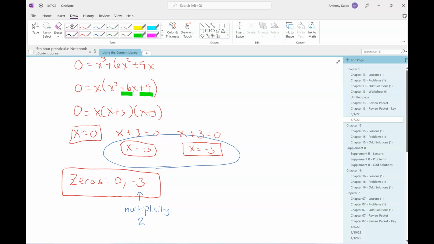Now, the natural next question would be, can we predict when one of these multiplicities is going to happen, right?